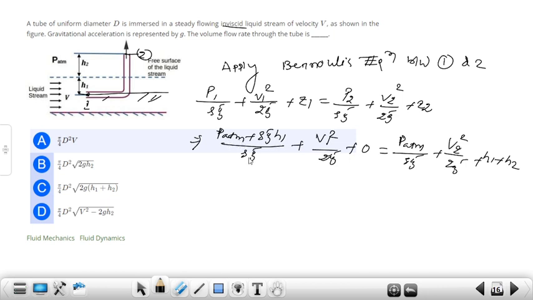So P atmosphere by rho g and P atmosphere by rho g cancel, and this rho g H1 and rho g H1 also cancel, so V1 square divided by 2g, and the remaining H1 and this H1 also cancel, is equal to V2 square divided by 2g plus H2.